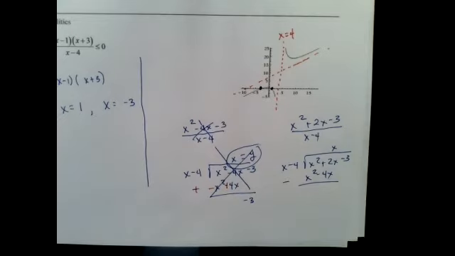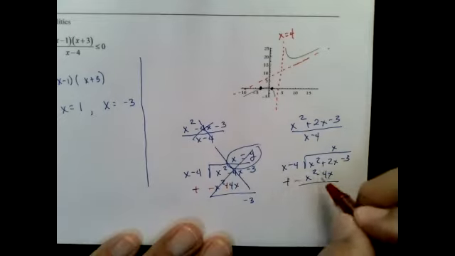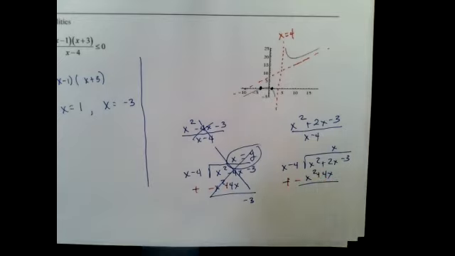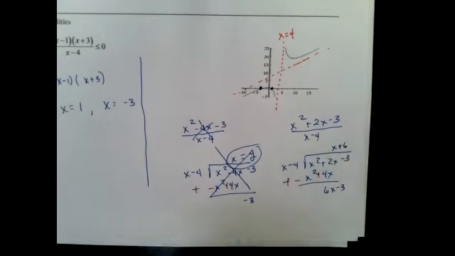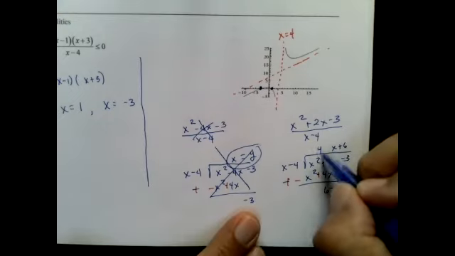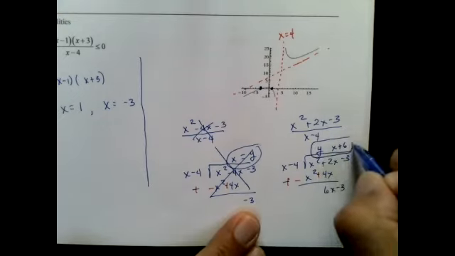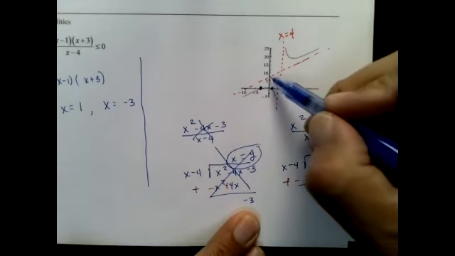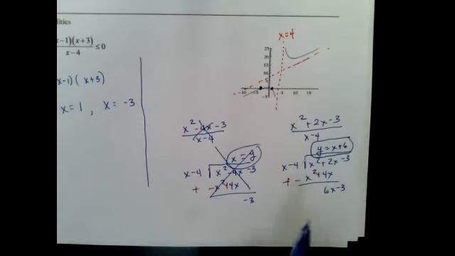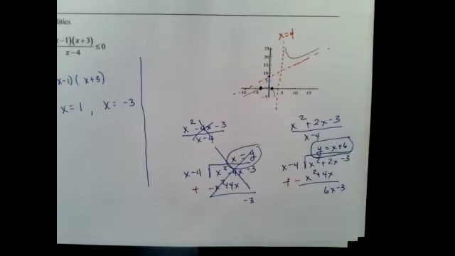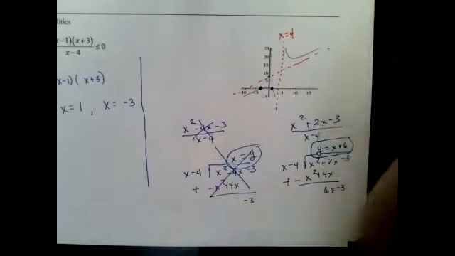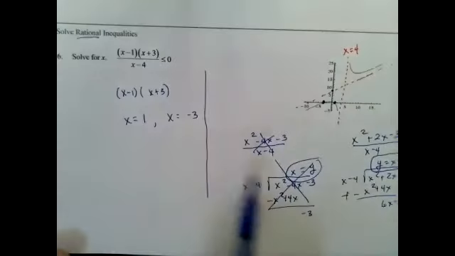I subtract, which is the same as adding the opposites. Now I have 6x minus 3, so that would be plus 6. Should be y equals x plus 6. Yeah, see how that's up at 6? I looked at the graph and realized it was wrong. y equals x plus 6. But anyhow, that was my slant asymptote.